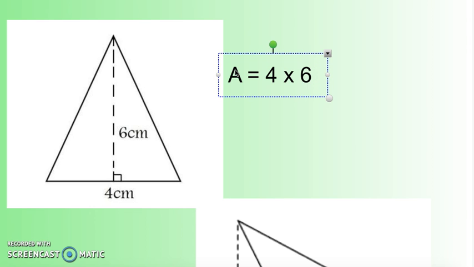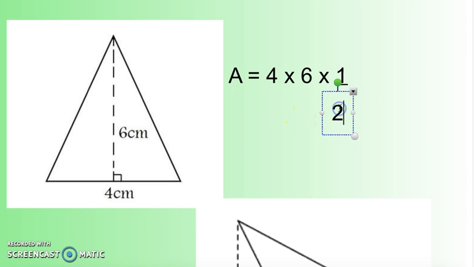How do I take a half of something? Yeah, I can divide by 2. I can even multiply by, what decimal is a half? 0.5. Okay, there are different ways to take a half of something. No matter which way you choose, you'll still get the same answer.